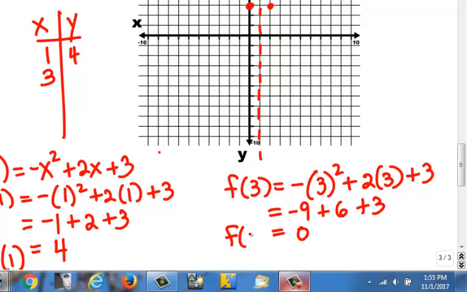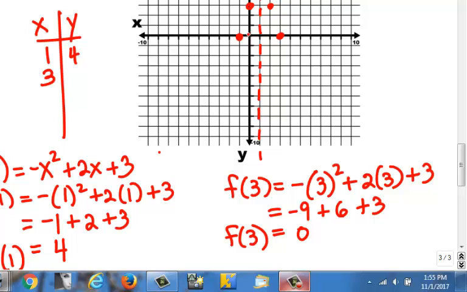So if x is 3, y is 0. We're counting from the origin: go 3 and up 0. If that's 2 away from the axis, then there's another one 2 away from the axis over here. So there's another ordered pair at negative 1, 0.